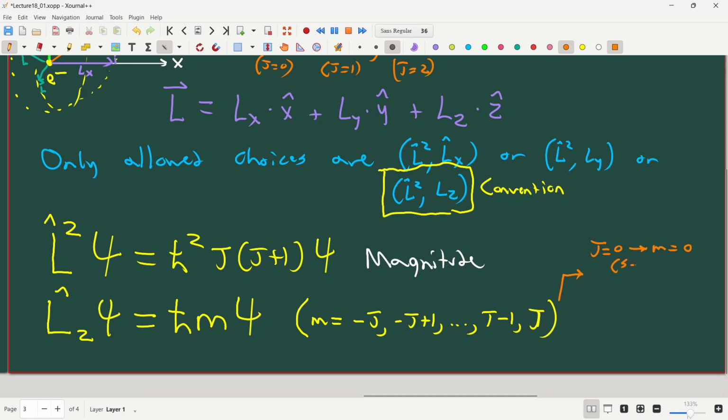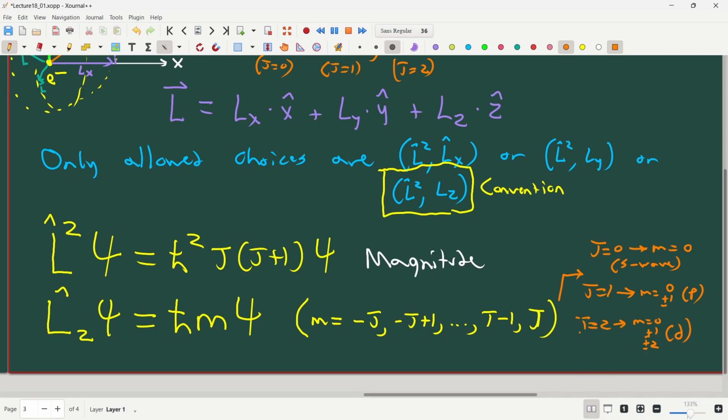That's an S wave. It's a sphere. J equals 1 gives me m equals 0 or plus or minus 1. This is P. J equals 2 gives me m equals 0, plus or minus 1, or plus or minus 2. This is D. And so on and so forth. So there are 2j plus 1 m values.